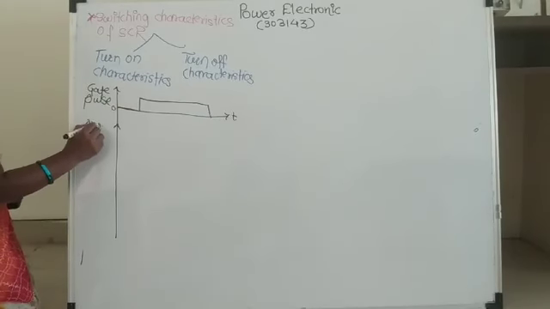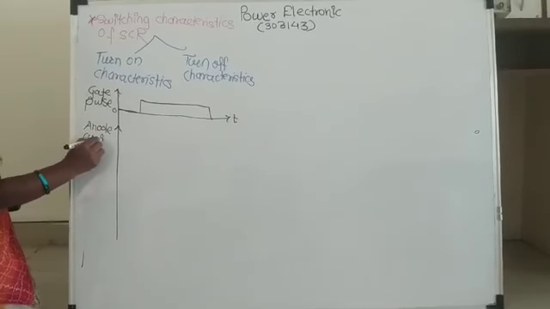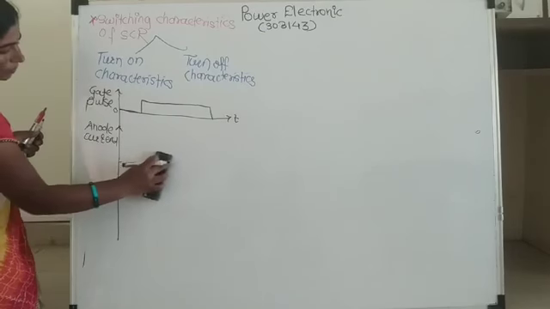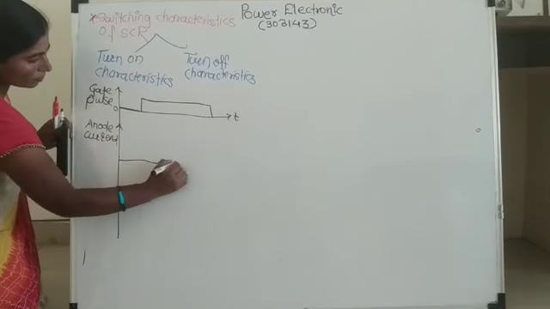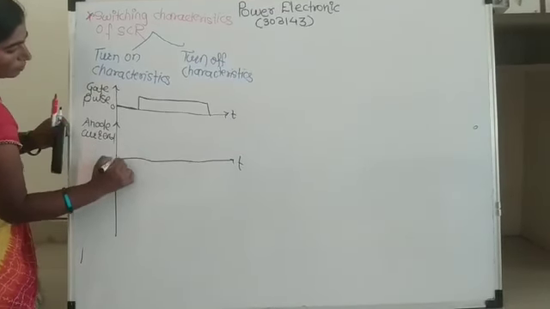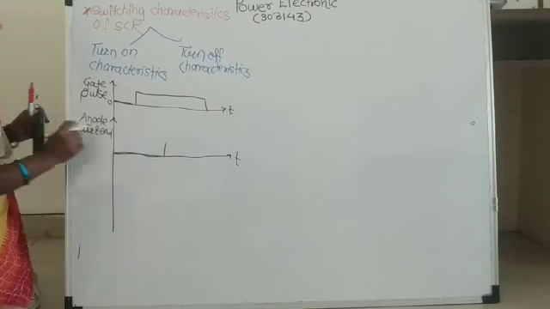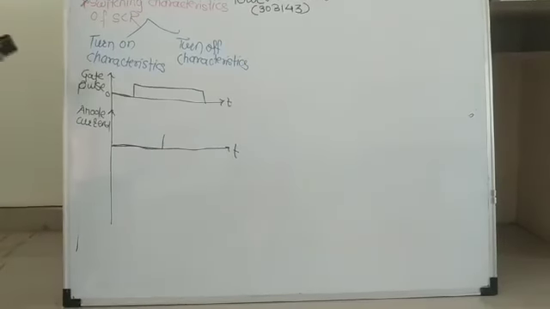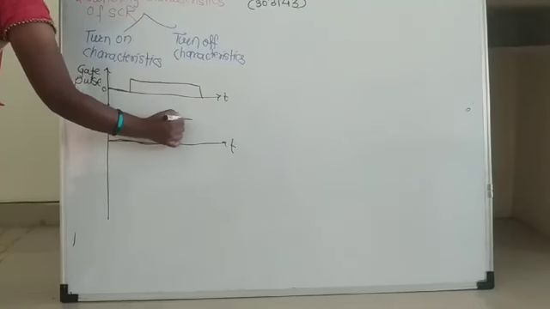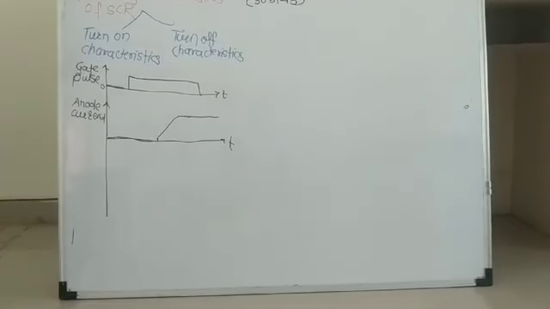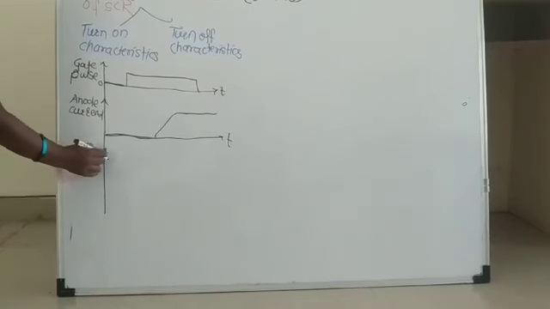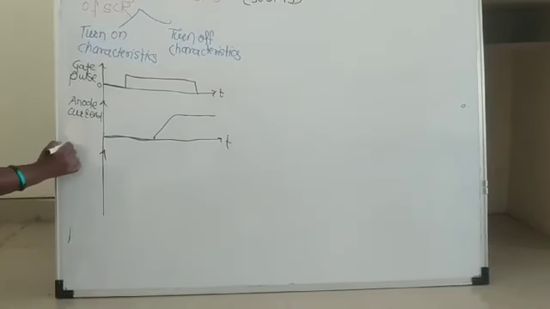Then anode current. Next one is voltage between anode to cathode.